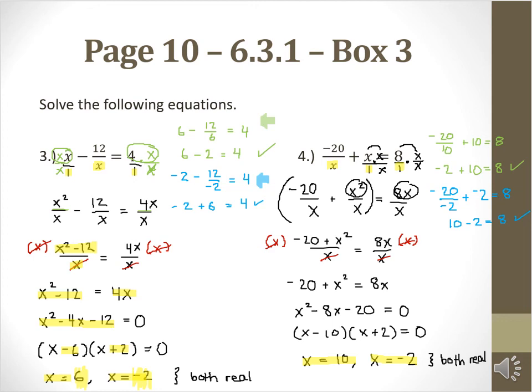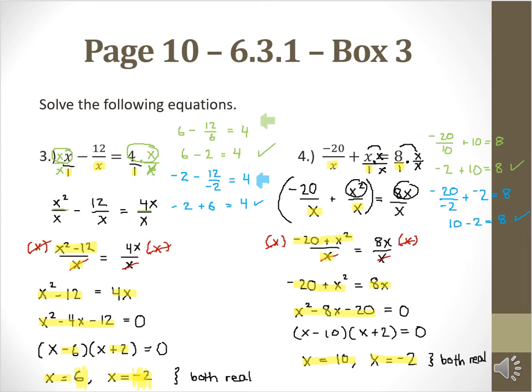Those have the same denominator now, so we can combine the tops, negative 20 plus x squared, all over the common denominator of x. From there, cross multiplying to cancel out the denominators, we are left with negative 20 plus x squared equal to 8x. We want to solve that, so I'm going to subtract 8x from both sides and write it in standard form, x squared minus 8x minus 20.